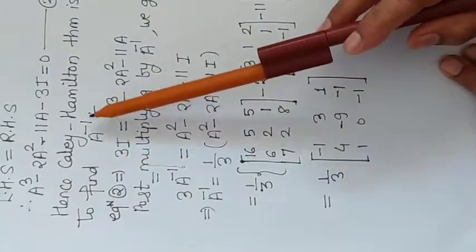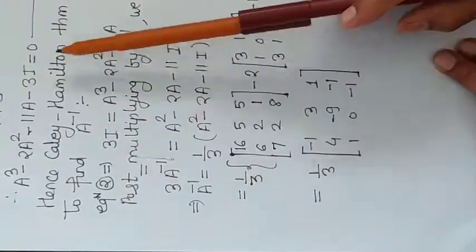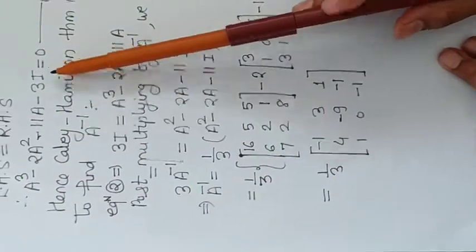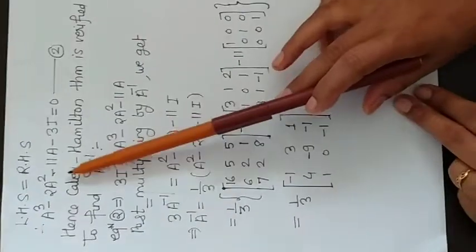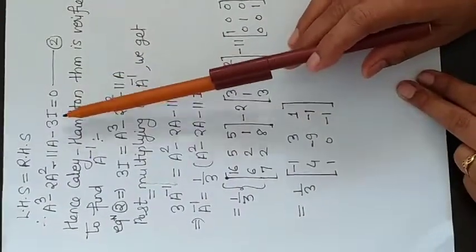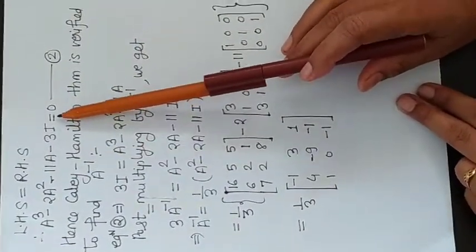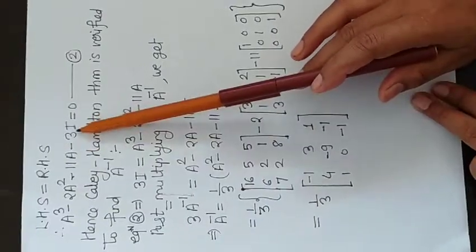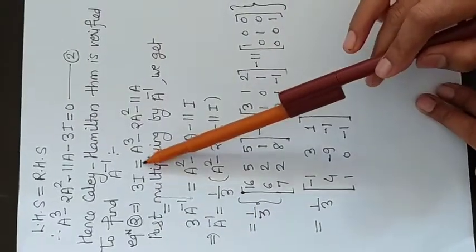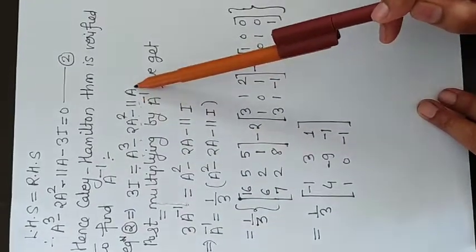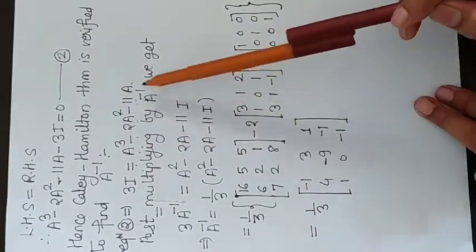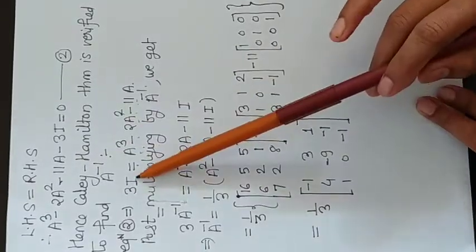Now next, to find A inverse. For this what we do, as I told you earlier also, is we keep the lowest power term on one side, and the others should be shifted to the other side. So what is the lowest power term? It is 3I equal to A cube minus 2A square minus 11A. Now post multiplying by A inverse, as I want A inverse over here.